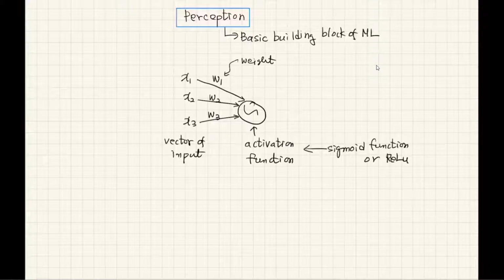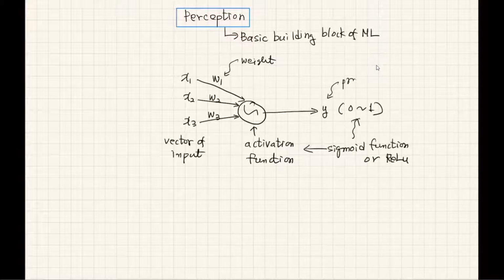Output of this perceptron will be represented by y. Usually it has a range from 0 to 1, especially for the case of sigmoid function. This output range of y will usually give you the probability.